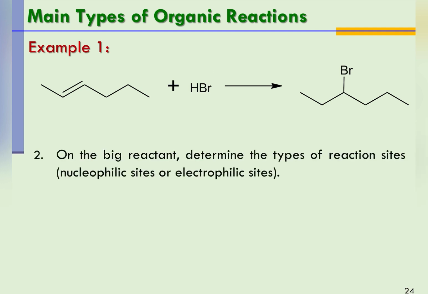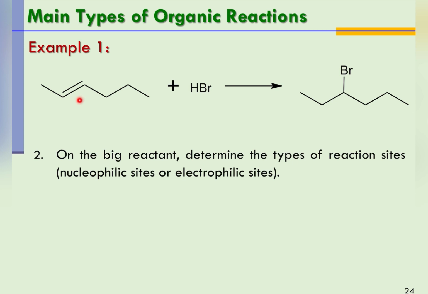And the second step, on the big reactant, you have to determine the type of reaction site, either nucleophilic site or electrophilic site. So from here, alkene has a higher density of electrons due to the presence of the carbon-carbon double bond.